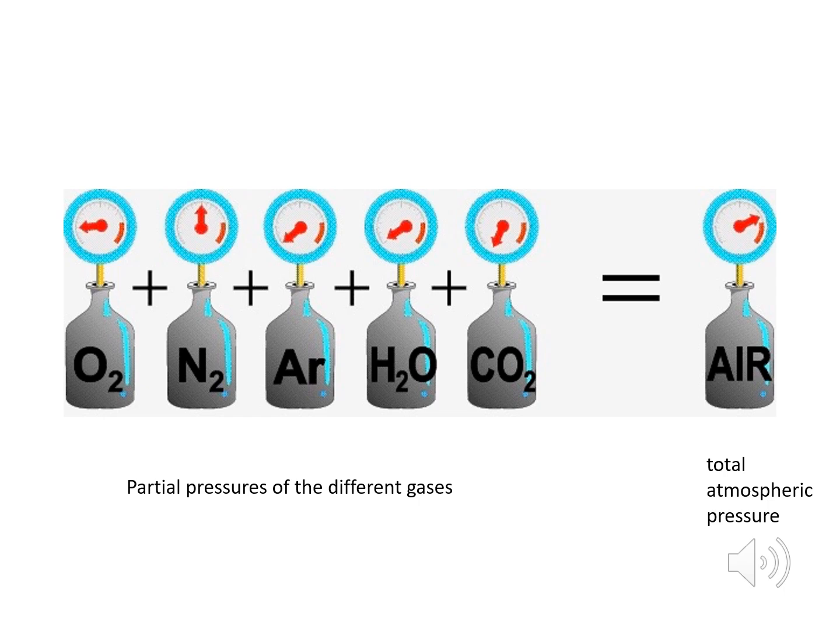Okay, but if that doesn't make any sense to you, that's okay, because all you really need to remember is that gases are always going to diffuse from areas of higher partial pressure to lower partial pressure. Okay, gases always diffuse from areas of higher partial pressure to lower partial pressure. And the bigger the difference between those pressures, the bigger the gradient is, the more gas is going to diffuse.